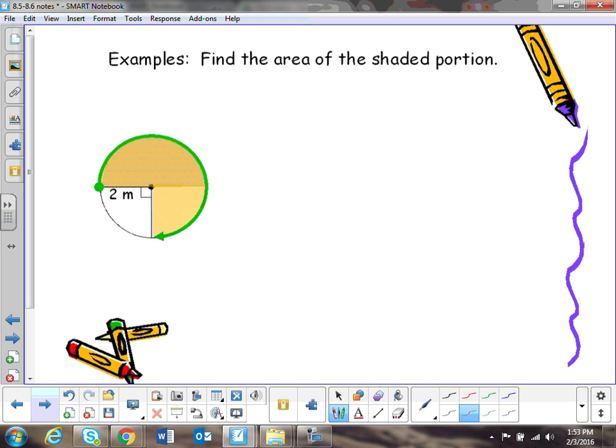Find the area of the shaded part, the brown. Two steps down.